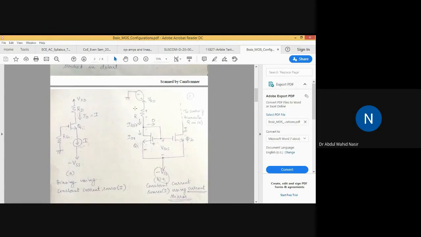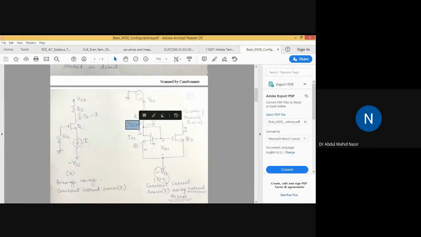Then there is one resistance R, connected at the drain terminal of transistor Q1. The current flowing here is IREF, the reference current. We are taking this current as a reference, which is why we name it I reference.